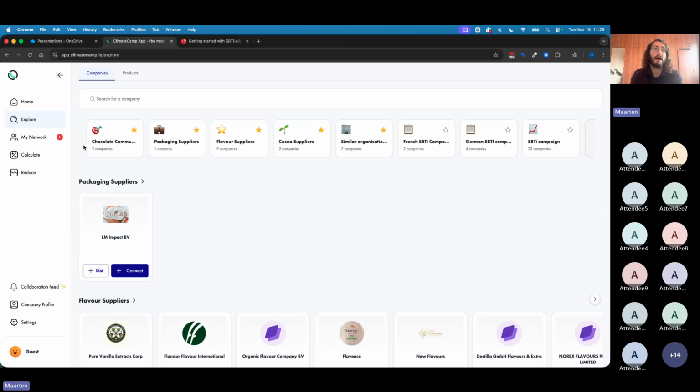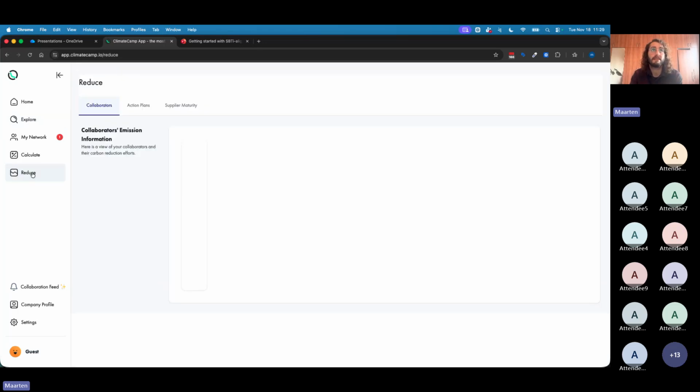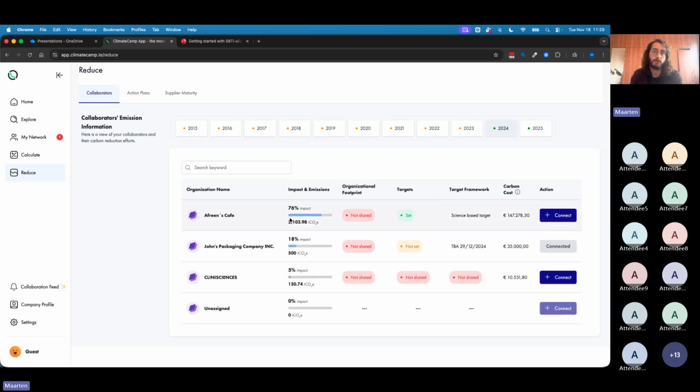This is how we help for the first step, doing a little bit of exploration before we even engage with suppliers. You can see, okay, these companies already have targets or they don't. But when we actually engage with suppliers and send collaboration requests, we start receiving their data, PCFs. We're starting to validate their reduction targets. Then we go to the reduce tab. For example, here, this is a demo account, but we can see the impact on the total footprint these organizations have.